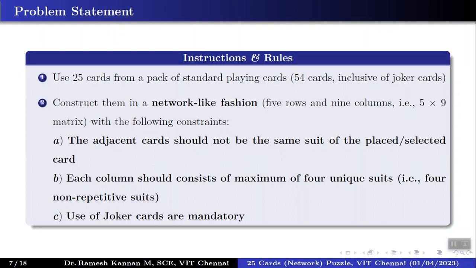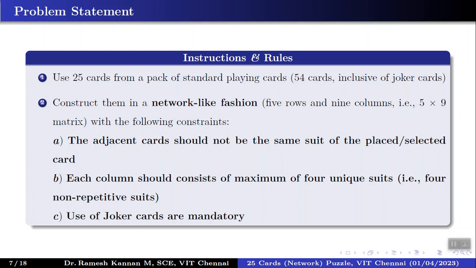Let me explain some of the constraints, which are the underlying principles by which you need to construct, or the hindrances that could affect your construction process. It's not an easy puzzle, but it's not a very difficult puzzle either. By trial and error you can probably solve it very quickly. Here it is: the adjacent cards should not be the same suit. For example, if I choose a spade, the nearest card should not be a spade, but it could be other suits.